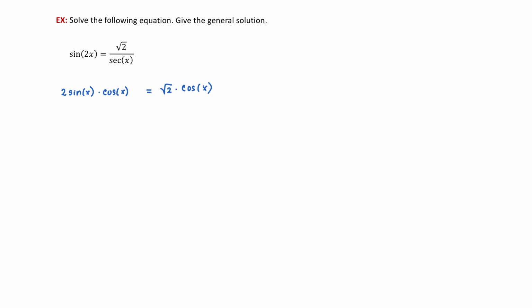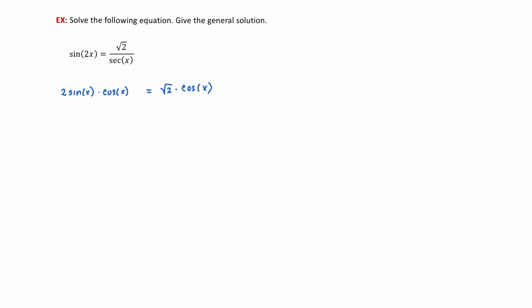Now, as always, don't try to divide by the variable. I know that a lot of you are going to be tempted to divide both sides by cosine of x. We need to be super careful in mathematics with actions like that. If you divide an equation by a variable, you may potentially lose valuable solutions. So this is why you don't want to do that unless you have more information.